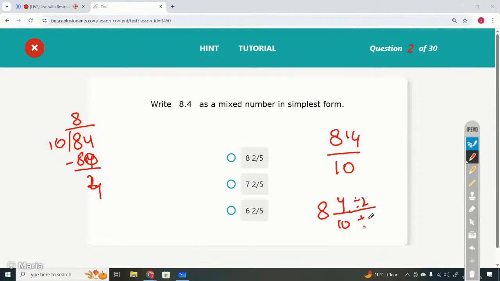Divide the numerator and denominator by the greatest number, that is 2. So 8 whole 2 by 5.